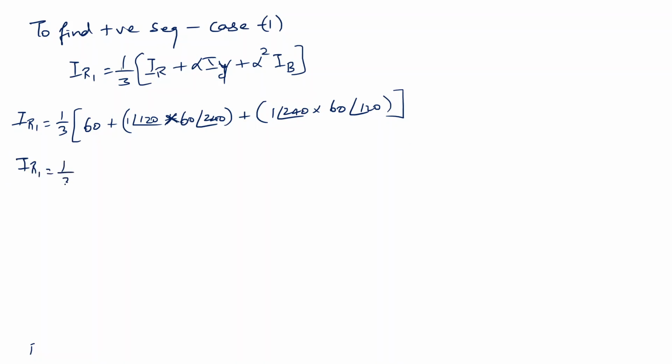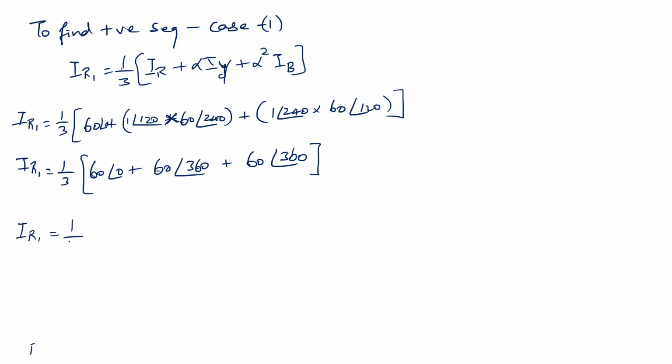IR1 is equal to 1 divided by 3, 60 angle 0 plus 60 angle 360 plus 60 angle 360. 360 is nothing but 0 only.